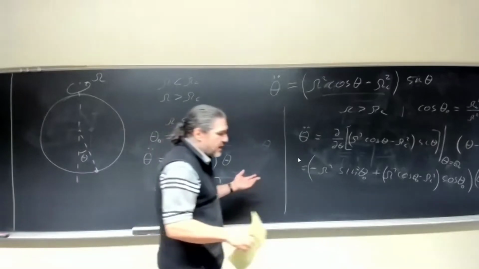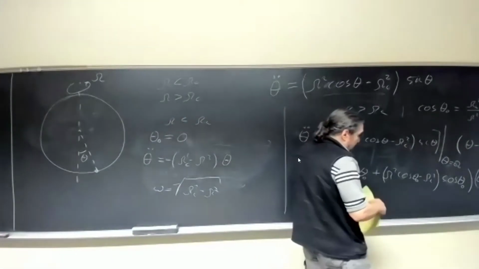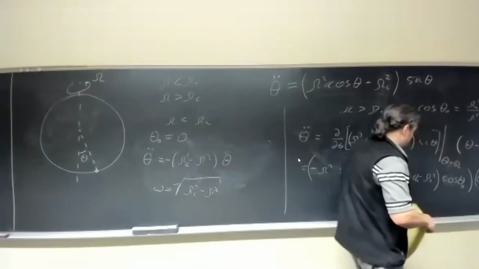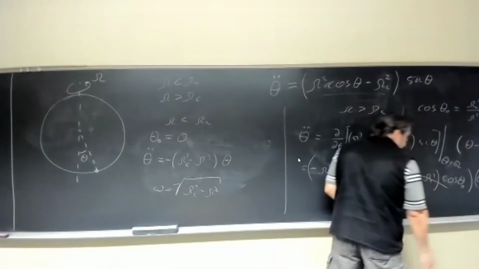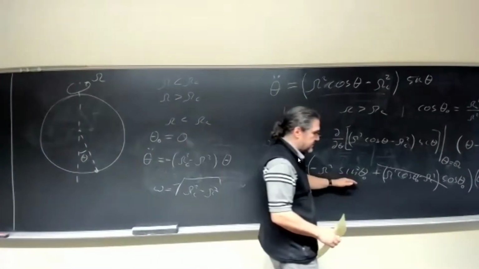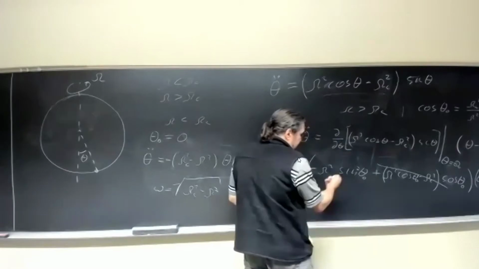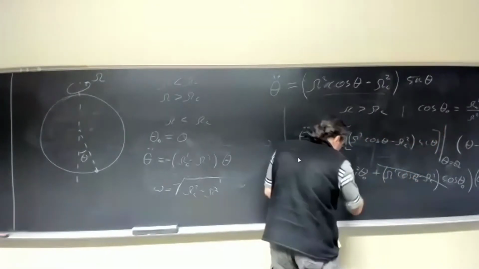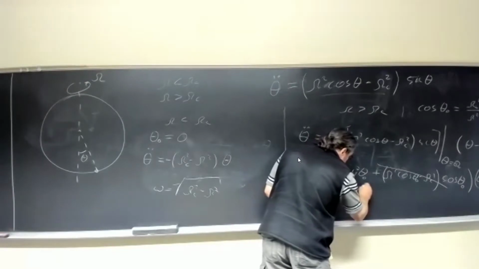Yeah. That's how we take the derivative. But now, you see that cosine theta naught equals omega c squared divided by omega squared. So this term is gone. It's 0. And the only thing which I have is this one. But instead of this, this is sine squared, and this is cosine squared.